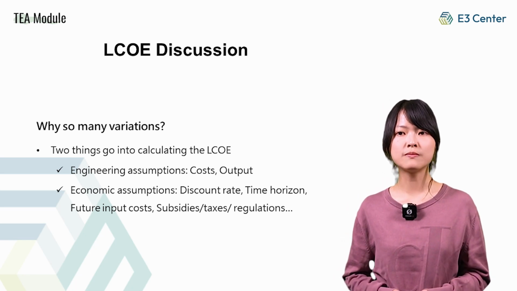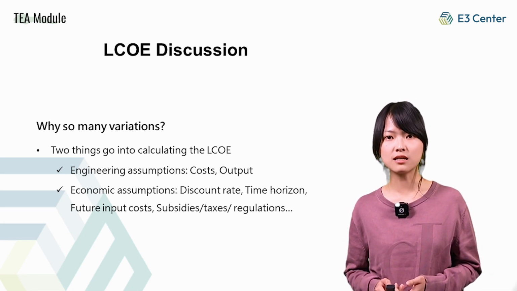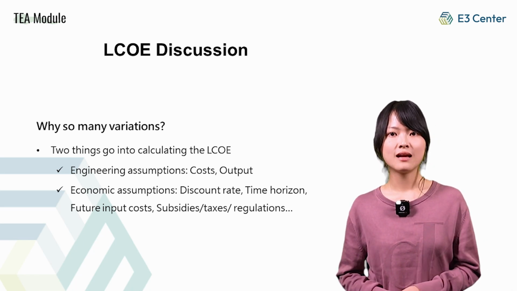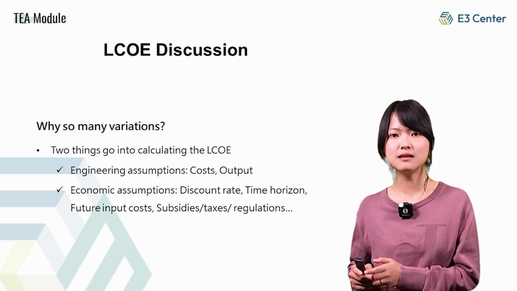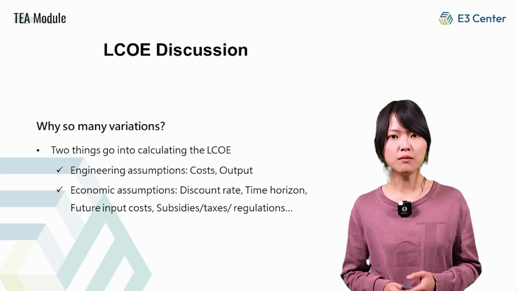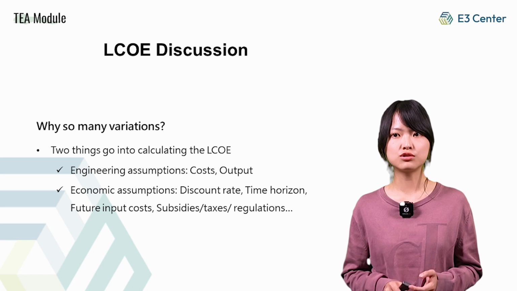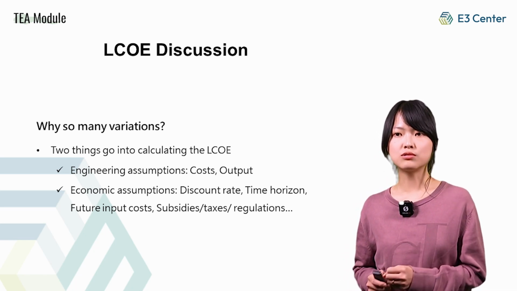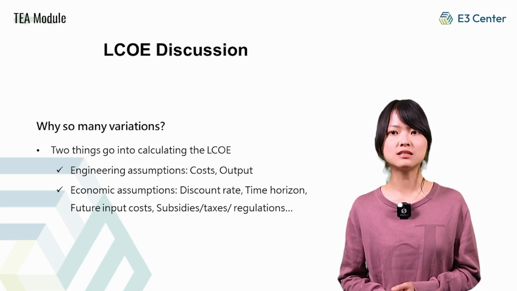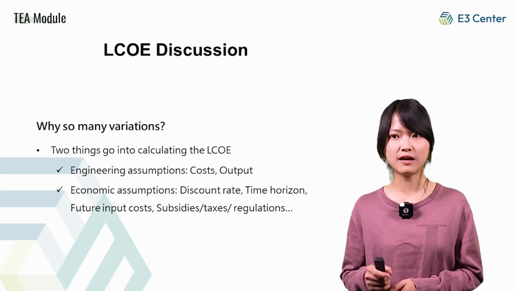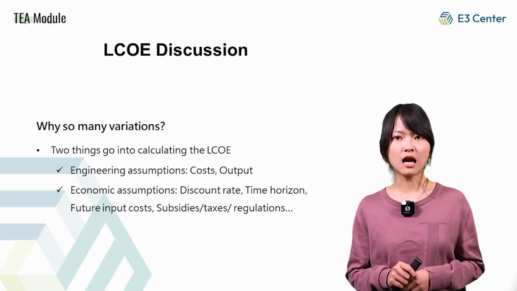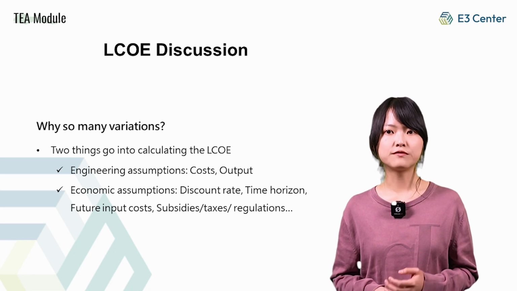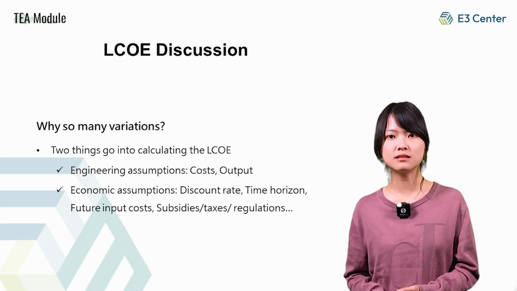For engineering assumptions, these include the initial cost of setting up a power plant and the expected output over the lifetime. These parameters are crucial because they impact the overall calculation of how much it costs to generate each unit of electricity. Economic assumptions are equally vital and include the discount rate, which affects how future costs are valued in today's terms, the time horizon over which the cost and output are assessed, and the future input costs such as fuel and maintenance.